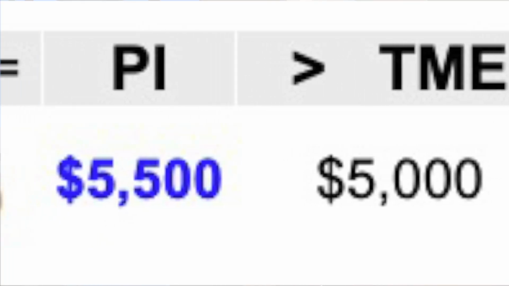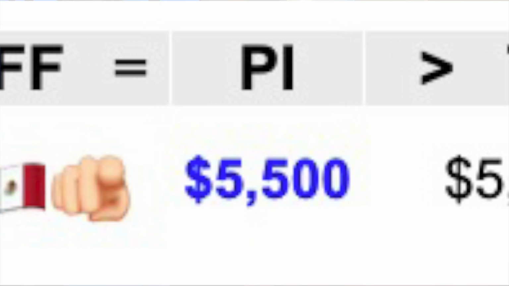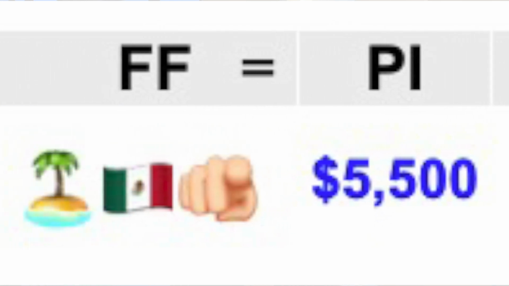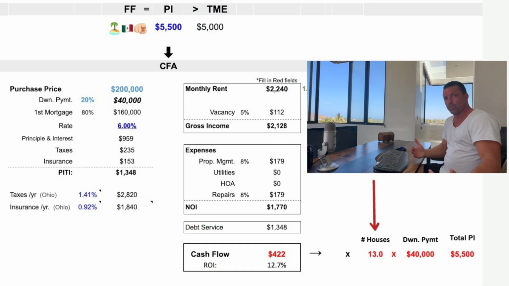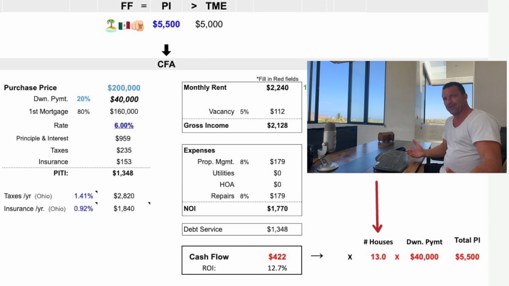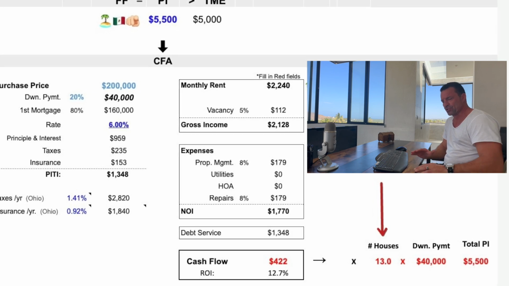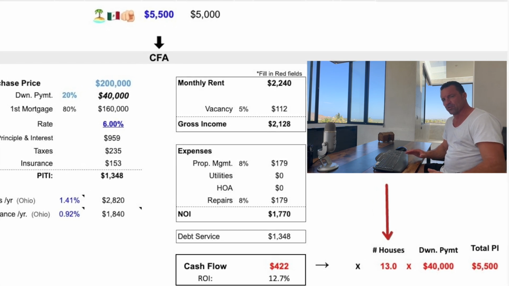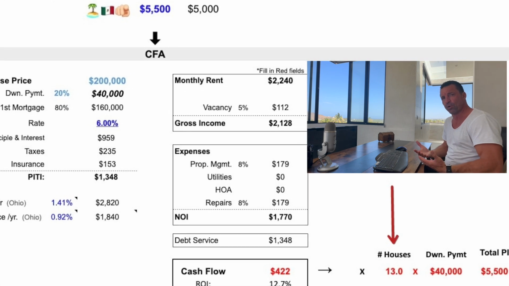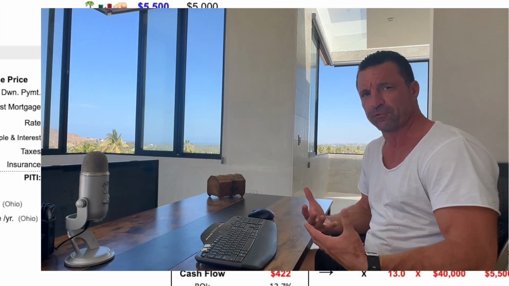So let's say that the passive income goal is $5,500 a month, $500 more. Well, $5,500 divided by $422 is exactly 13. We need 13 rentals just like this one to reach the $5,500 a month total passive income goal, to be financially free, out of the rat race, and not have to work.